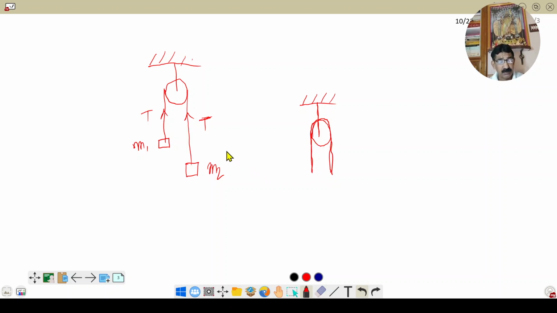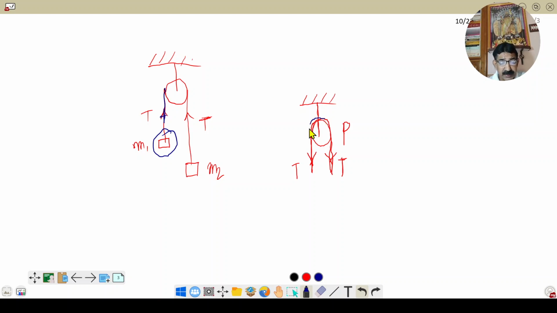Now, when we consider the pulley itself, T acts along the downwards direction. Remember this fine difference. When we consider this body, tension is along the upwards direction.